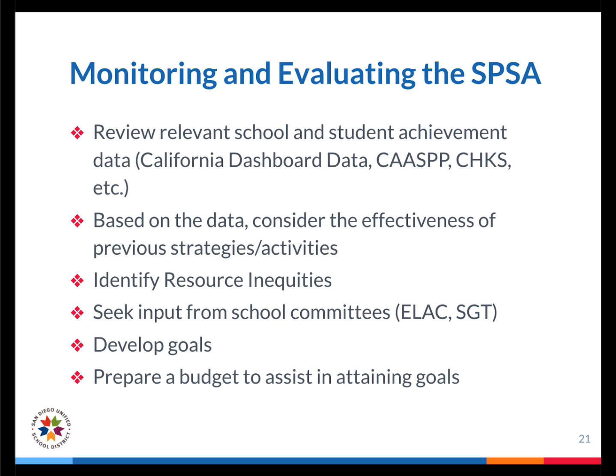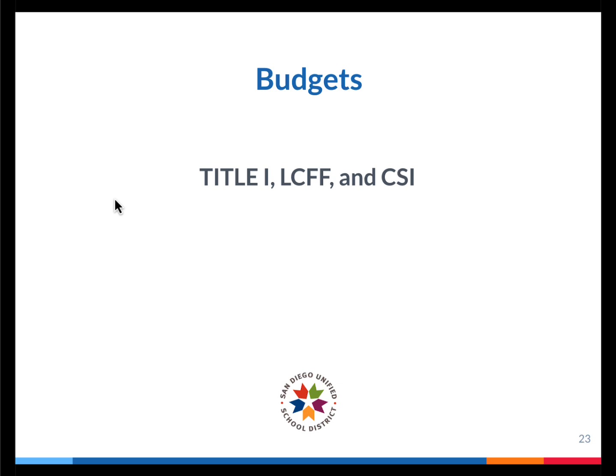The SSC should also seek input from other school committees, including ELAC or the site governance team. The SSC should then develop goals for the school. And finally, the SSC should prepare budget and identify any new or continuing strategies and activities that will enable the school to attain their stated goals.